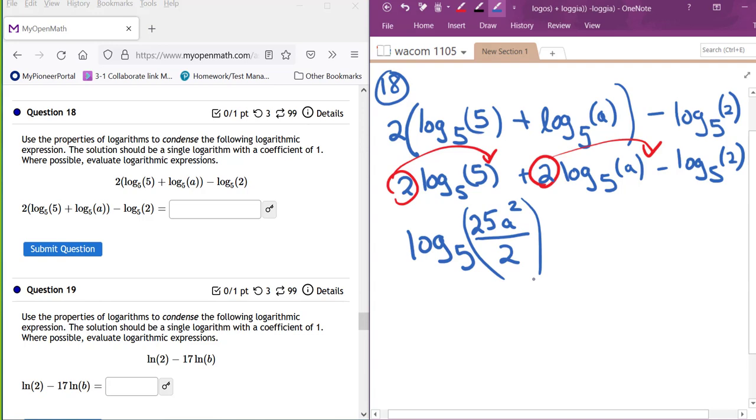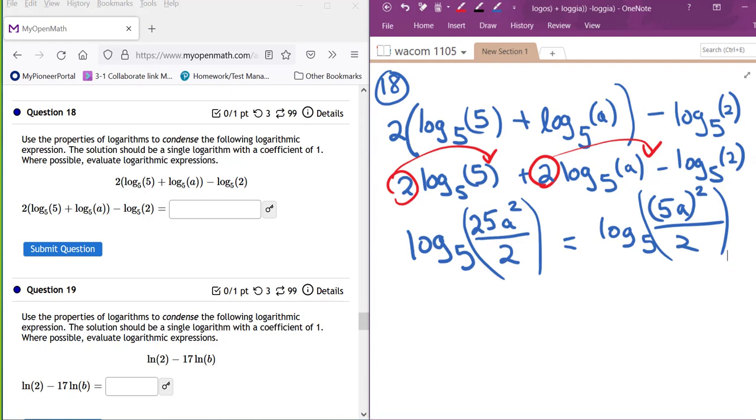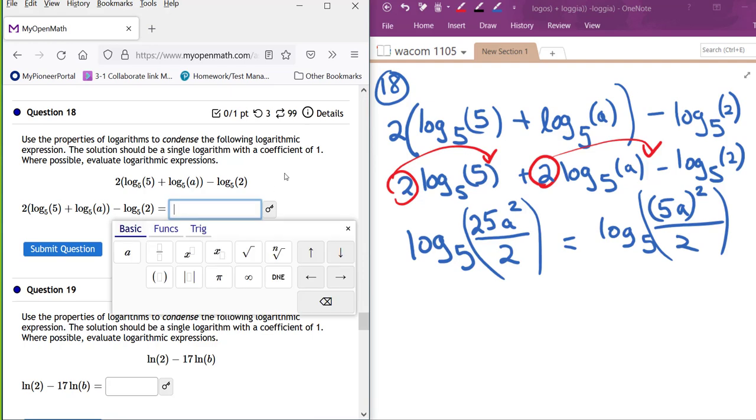And that's what I had for the answer, which I think it will take. I believe on their answer, they had left the 5a squared over 2, like that. I'm going to try to enter it the first way, because I think that is also acceptable.